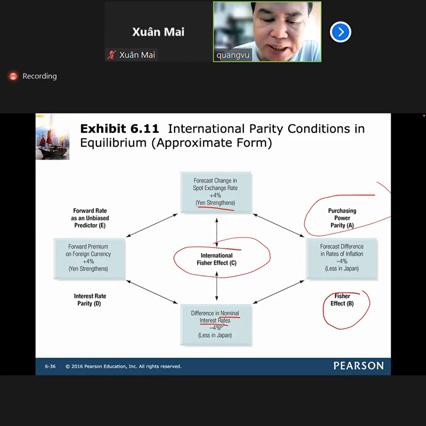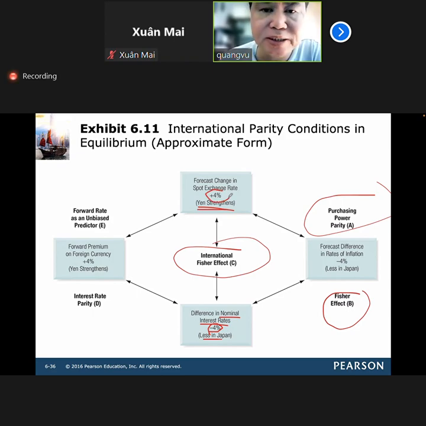Because the nominal rate in the United States is higher than that in Japan by 4%, we should expect the US dollar to depreciate in value by approximately 4%. The nominal rate in Japan is less than that in the United States by 4%, and then the yen strengthens by approximately 4%.